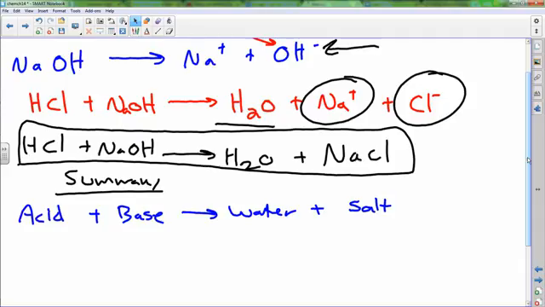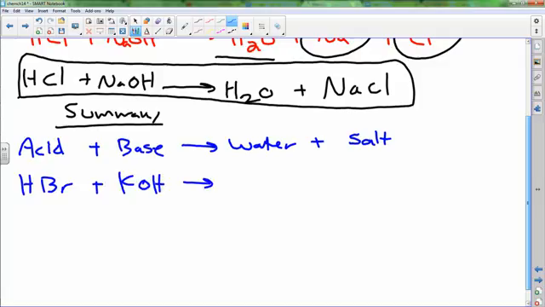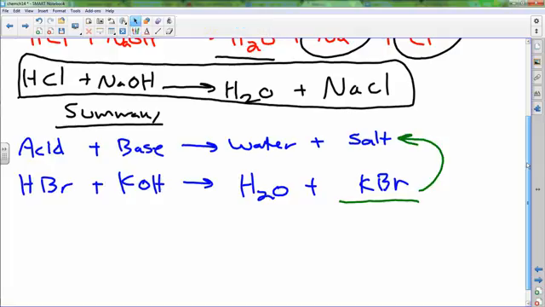So we could just as easily look at a situation like this. Let's go HBr plus, let's do potassium hydroxide. In this case, we would still get water out, and we would get KBr, potassium bromide, but this we would still call a salt. Even though it's not the salt we're used to, any type of ionic compound that is formed is going to be a salt.